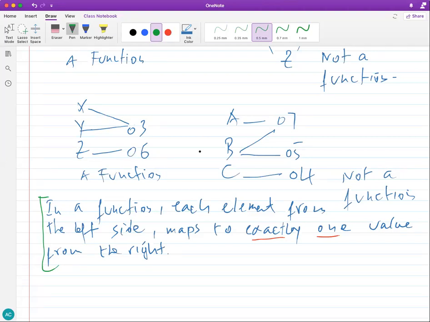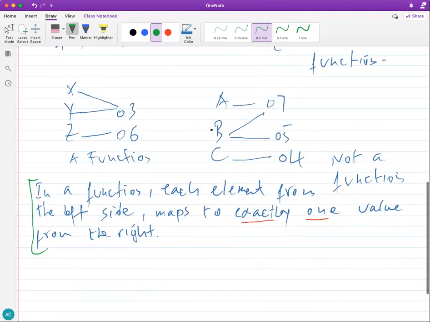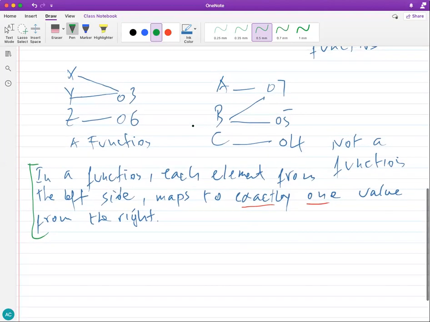It could be written as a table, or in this form also. I'll show you now how to tell if you don't have a table. If we have just this notation, how can we tell whether this is a function or not just by looking at these pairs? Because b would have two values versus one for each. That's right. Let's see that in this example.